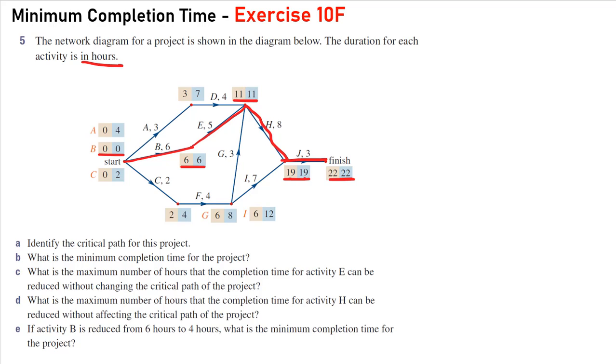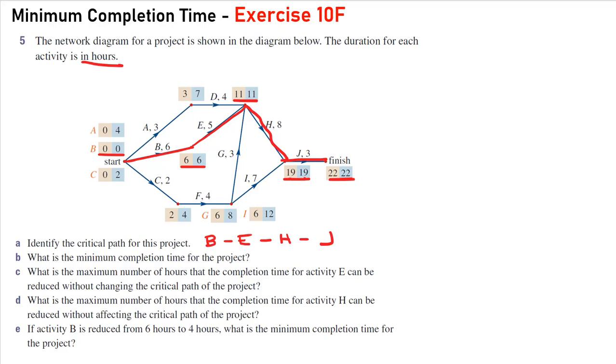And we can write that down as follows. So that's activity B, activity E, activity H, and activity J. That will be our critical path. And just to remind you, to identify that, just look for any path where the EST and the LST are the same.